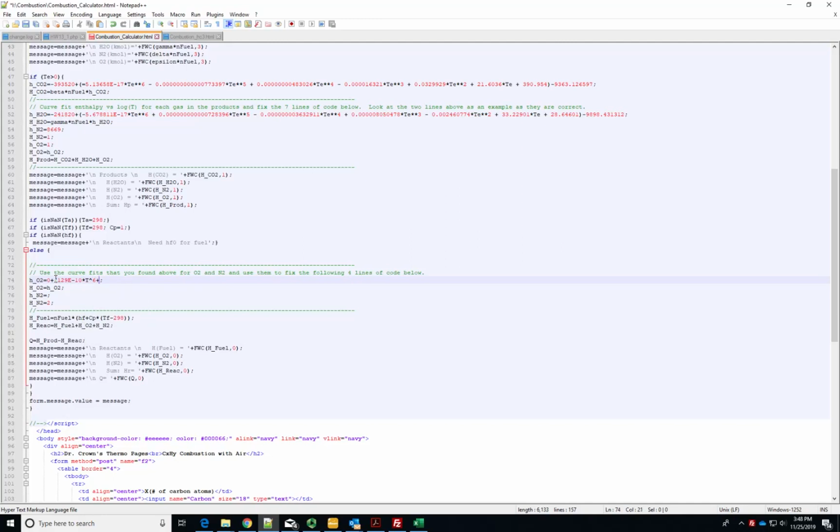And so on. And then again minus the value of oxygen at 298, which in this case will be 8642.